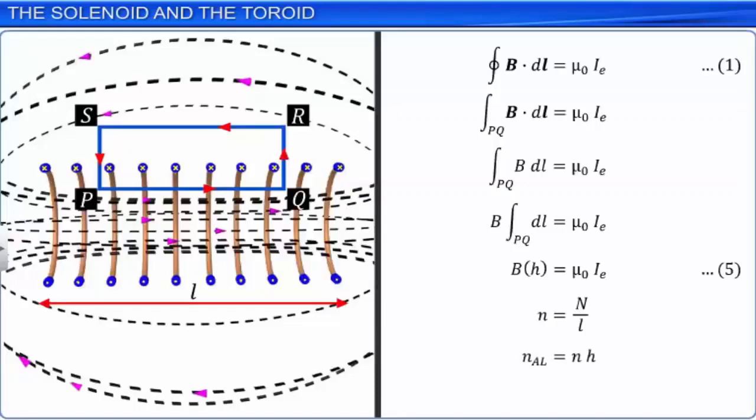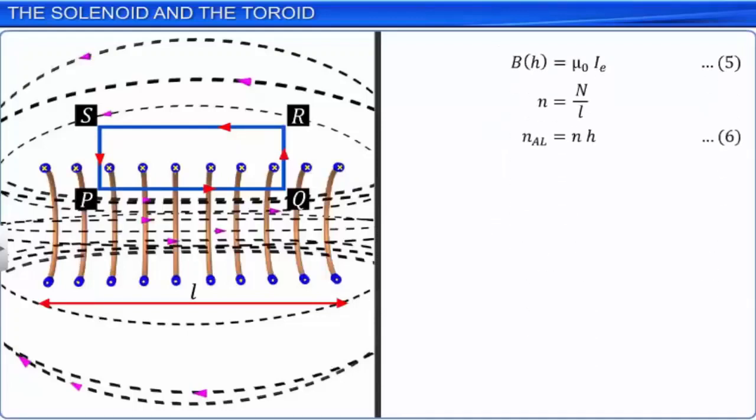Let this be equation 6. The current through one turn of the solenoid is I. It is the same current through all the turns of the solenoid. Hence, the total current enclosed by the Amperian loop, IE, is equal to the number of turns of the solenoid bounded by the Amperian loop, NAL, into I. Let this be equation 7.